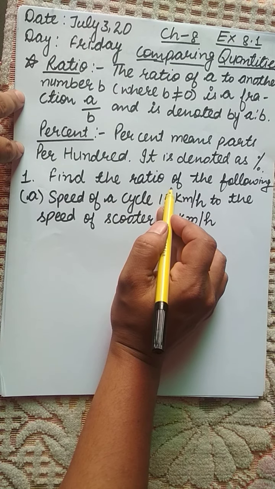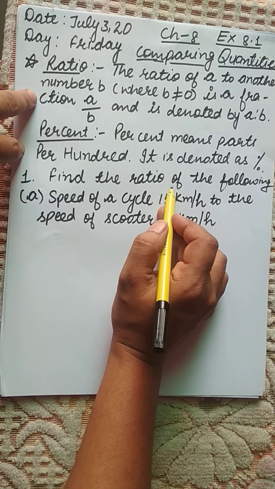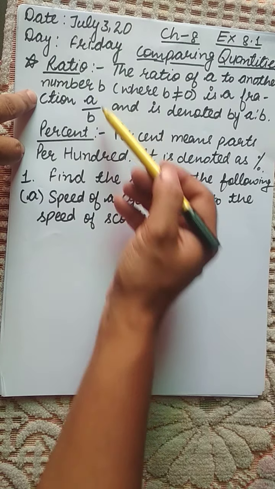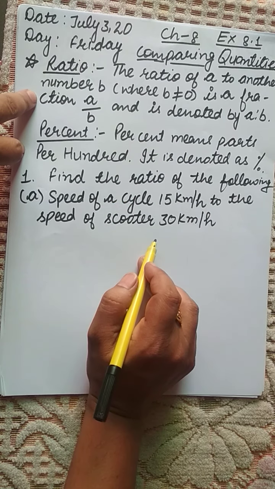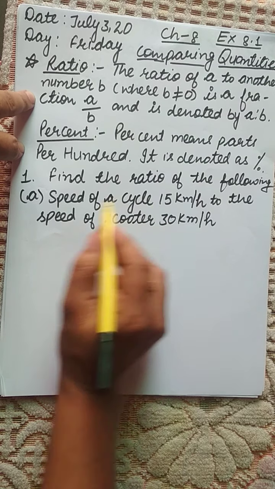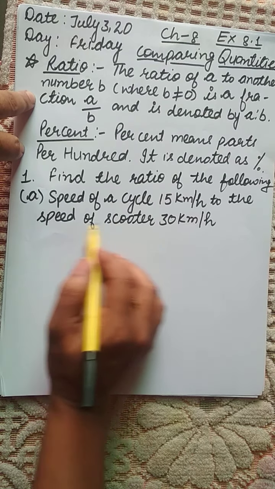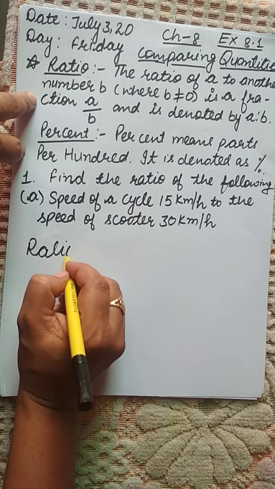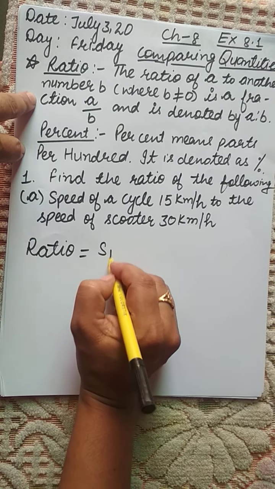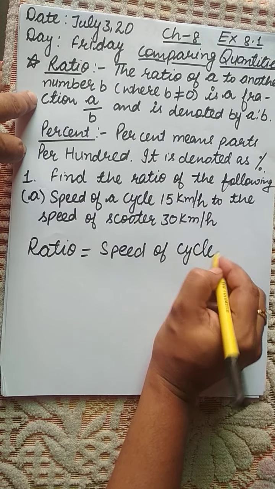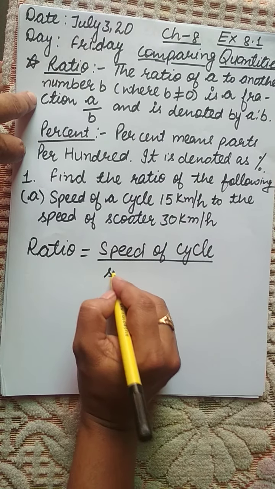As we want to find out the ratio, and we know that the ratio can be calculated by the concept of fraction, I want to find out the ratio of speed of cycle to the speed of scooter. So I will write here ratio is equal to speed of cycle divided by speed of scooter.